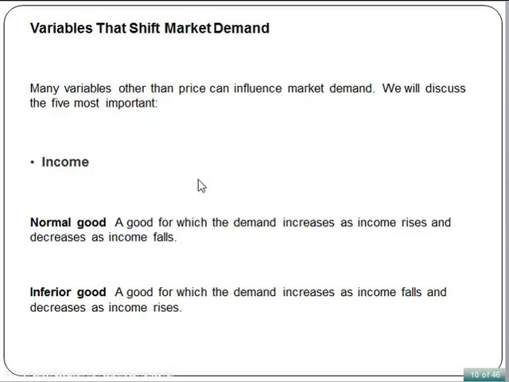How income affects demand depends on whether the product is a normal good or an inferior good. A normal good is a good for which demand increases as income increases, and decreases as income falls. An inferior good is a good for which demand increases as income falls and decreases as income rises.